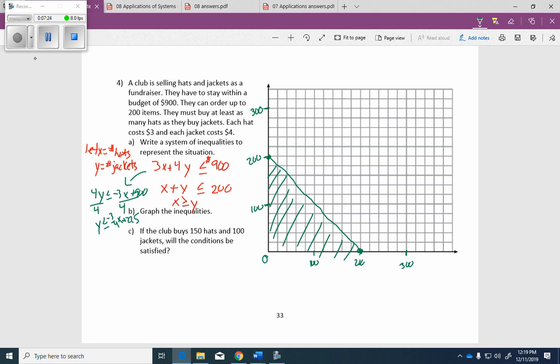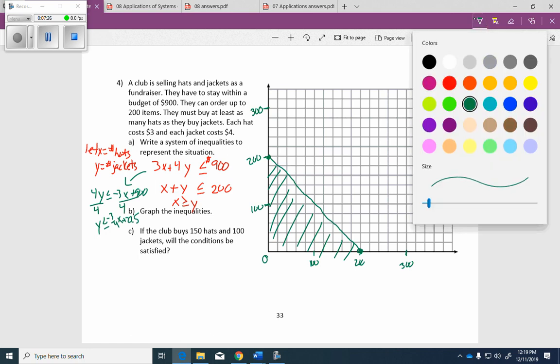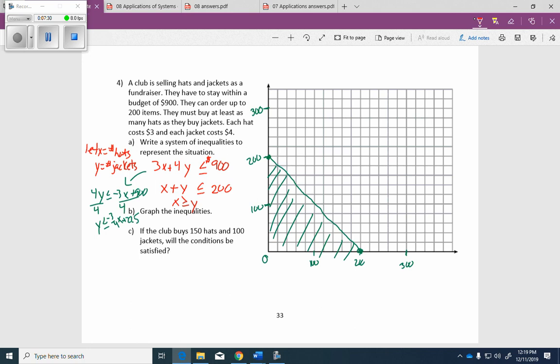The other one that's pretty easy to graph is the last one, where x is greater than or equal to y. It means I can plot all the points where x equals y. Since my scales go the same, like this is 20, 20, 40, 40, and so on, I can graph this.